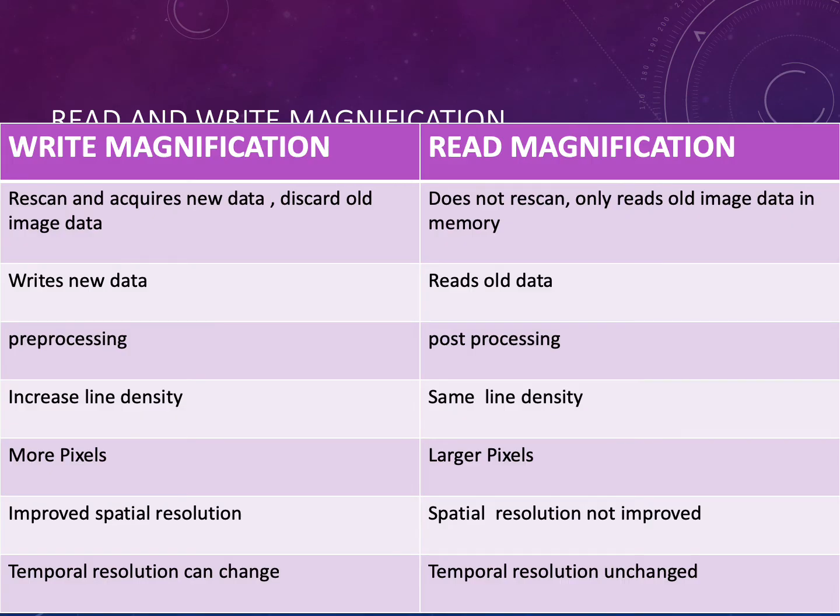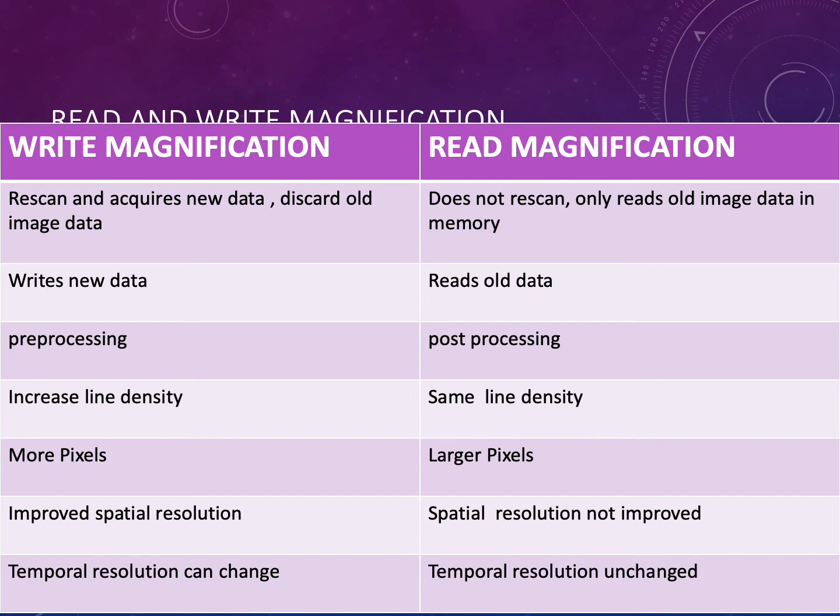And here, this is a comparison between read and write magnification. In write, you rescan and acquire new data, discarding old image data. Read magnification does not rescan, it only reads old image information in memory. Write magnification writes new data, and read magnification reads old information.